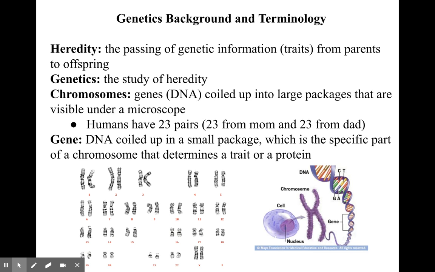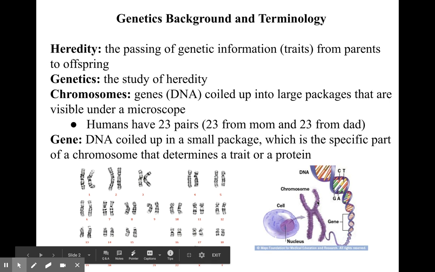So we're going to talk about them being homologous. So they match up. They have the same genes for the same characteristics. So if we look here, a gene is DNA coiled up in a small package, a specific part of the chromosome that determines a trait or a protein. So here's DNA, right? When we unravel the chromosome, this is what we see. This is our DNA. And then we can break up the DNA into sections that we call genes.